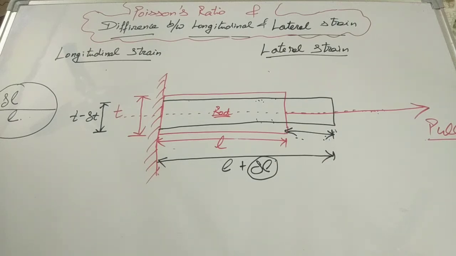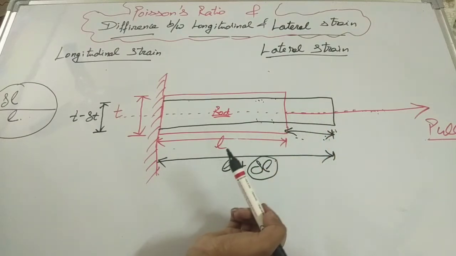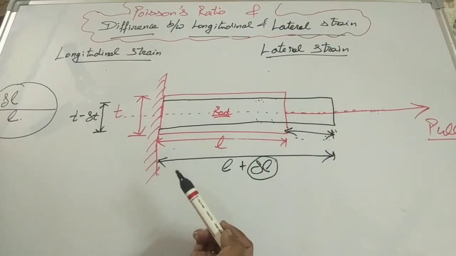Longitudinal strain is also known as primary strain and linear strain. Clear, guys? I'm going to repeat again. When a body is subjected to any axial tensile or compressive force, there is an axial deformation in the length of the body.